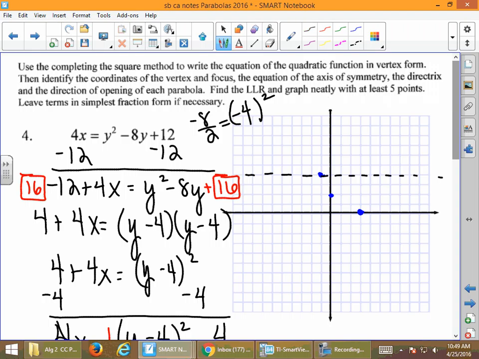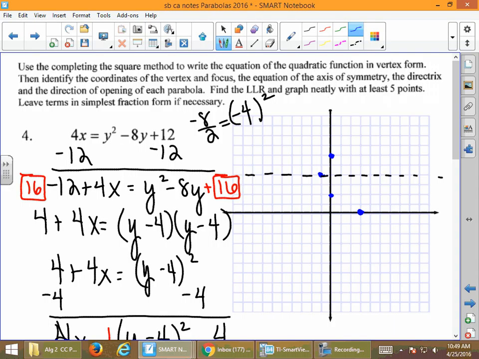So I only have 3 points listed in my table now. But once again, 0, 2 is 2 spaces away from the axis of symmetry. So on the other side of that, we have a point at 0, 6, because that point is 2 spaces away from the axis of symmetry.